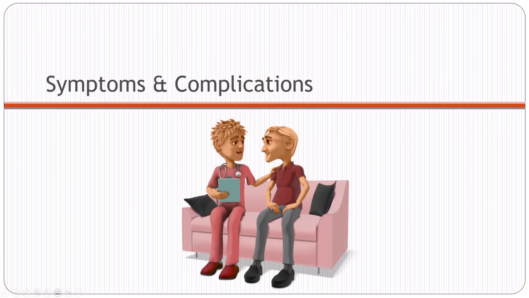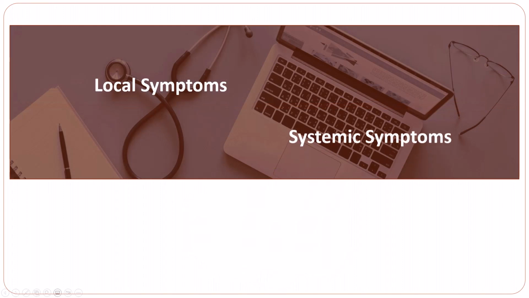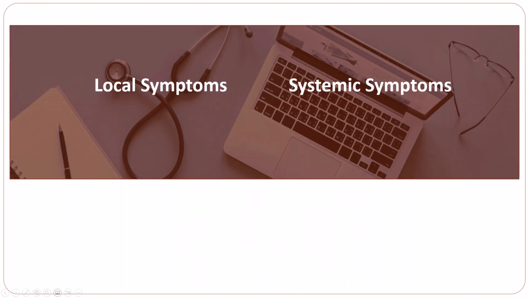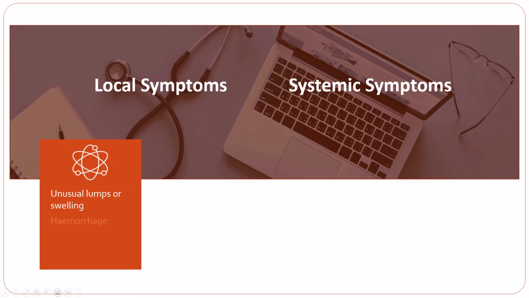What are the symptoms and complications of cancer? The symptoms can be divided into two major groups: local symptoms and systemic symptoms. Local symptoms are due to the tumor mass. So these could be unusual lumps or swelling, local hemorrhage, pain, and ulceration.